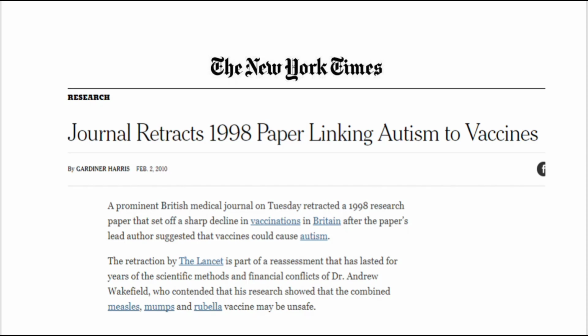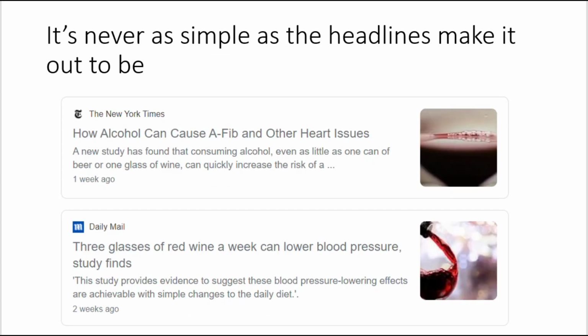Oftentimes, when we see science in popular media, we often see a headline. We might read the first couple paragraphs of an article, we might even read the entire article itself, but how often do we actually go back and read the original paper, the original publication that the scientists wrote that articles are based off of, right?